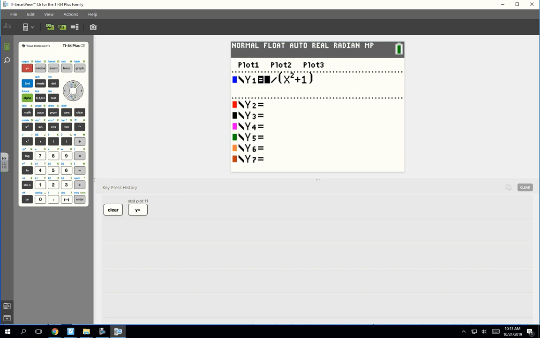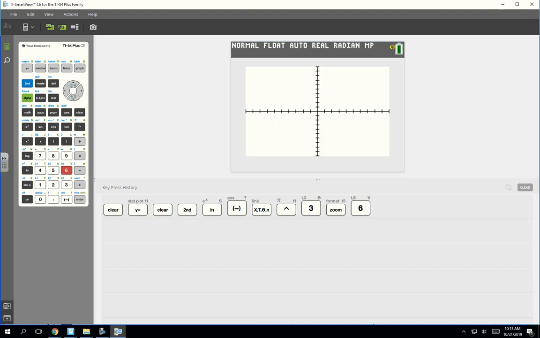All right, so y equals, that's how you type it in. It looks like that. E to the negative x cubed. And we're going to graph this thing. I'll just graph it on my standard graphing window, number 6 here.